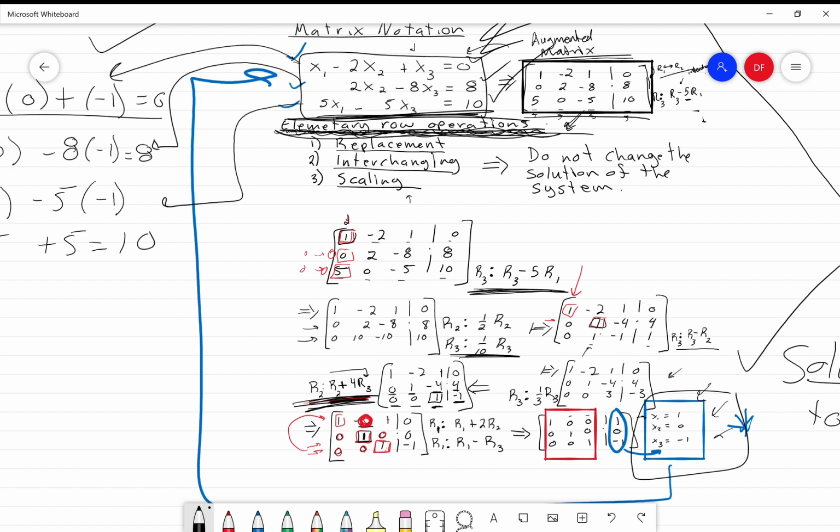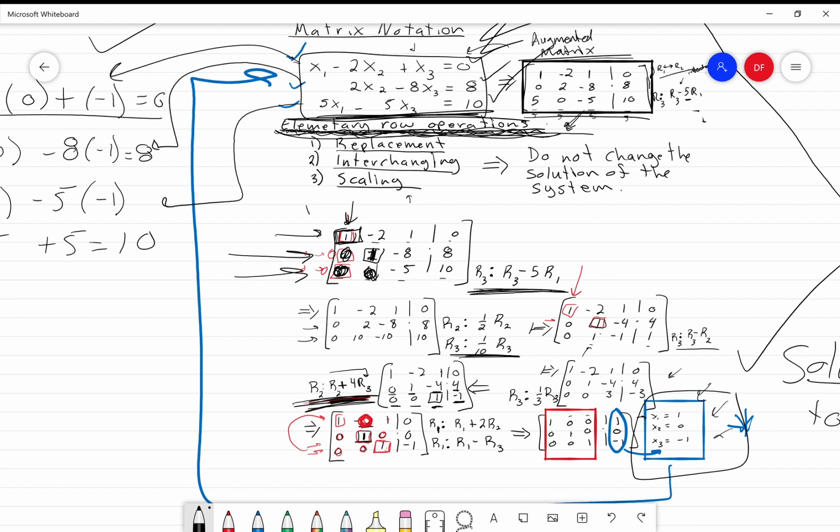But you already have an idea, because we started with, we have to make the first row, first column a 1. And then everything below that, we have to make it a 0. And then we choose the first number in the second column, and that needs to be a 1, and then everything below that needs to be a 0.